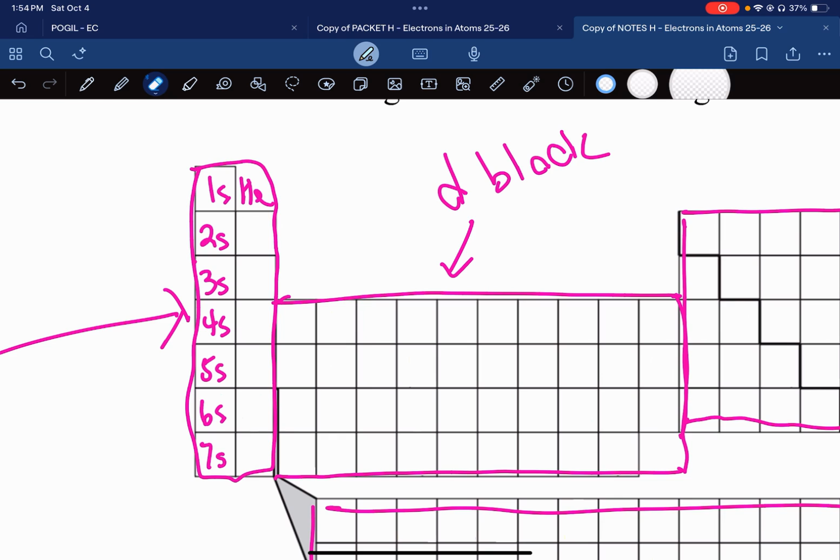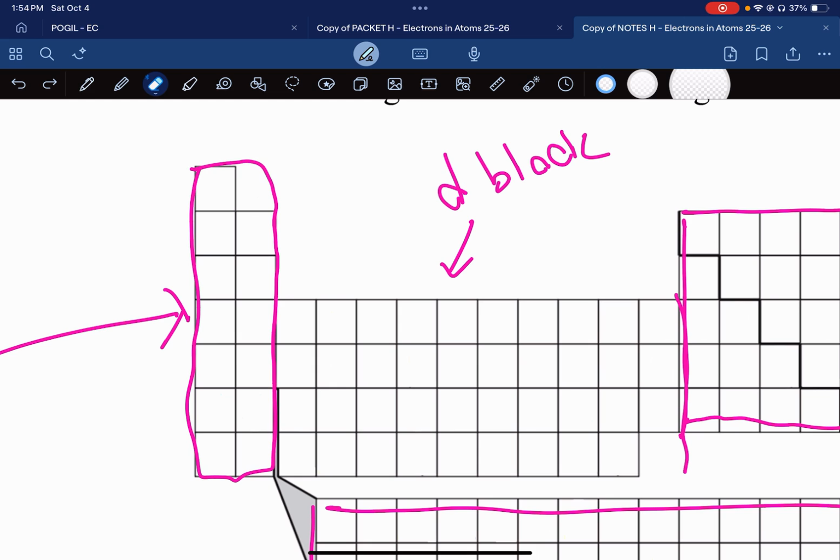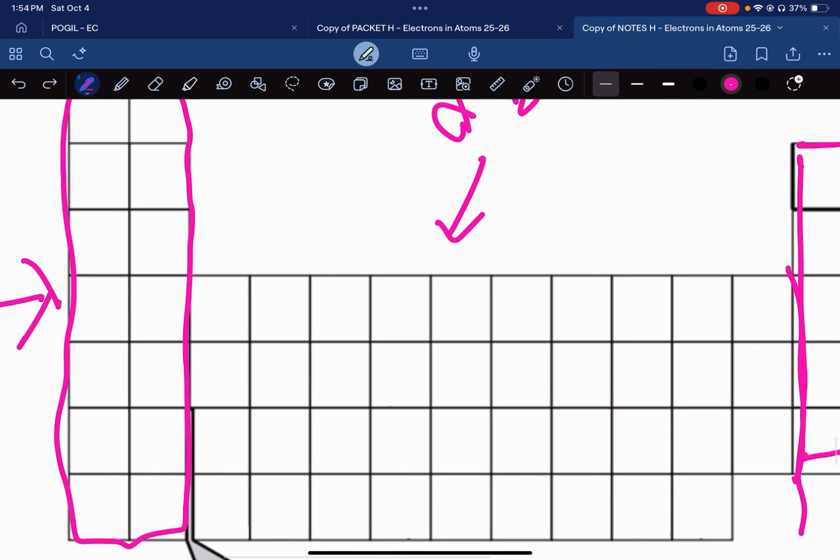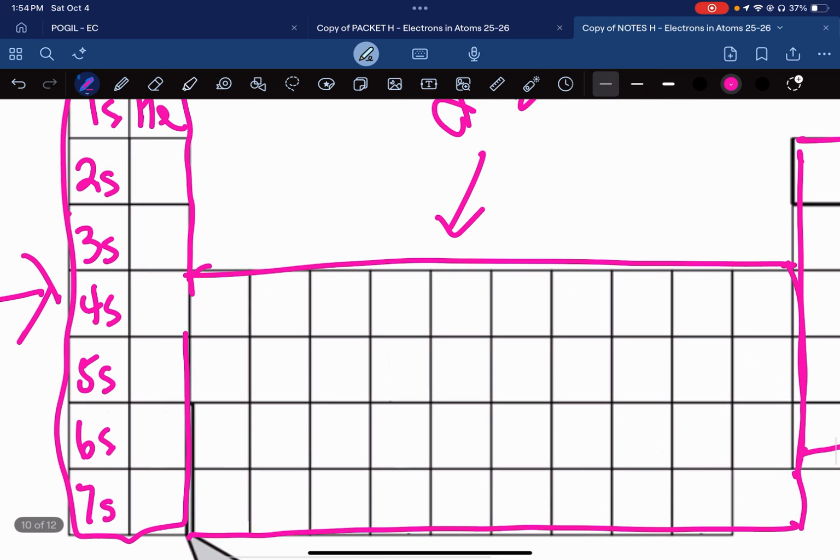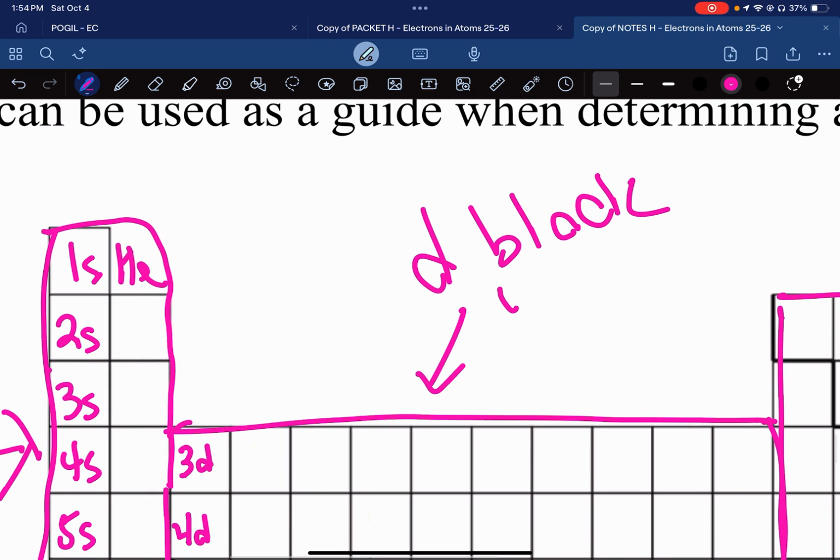And then, just like we just did in that other practice problem, this is going to be 3d, 4d, 5d, and 6d, because in our D block, we must subtract 1 from the period number.